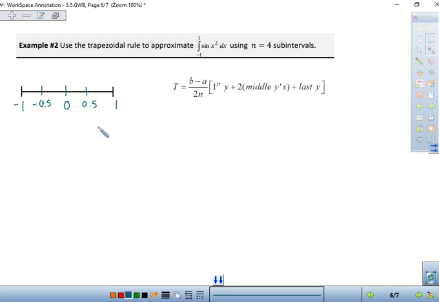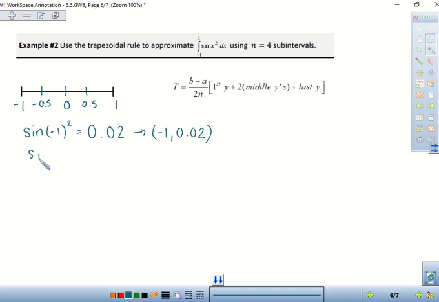So what we're going to do here is we're going to try to use this formula, but in order to use the formula, I need to find all the y values by basically plugging all of these back into the function. Okay? So if I want to find at -1, I'm going to have to do sine of -1 squared to see what that is. Okay? So that's going to be sine of 1, which is some decimal, 0.02. So this yields us the coordinate -1, 0.02.